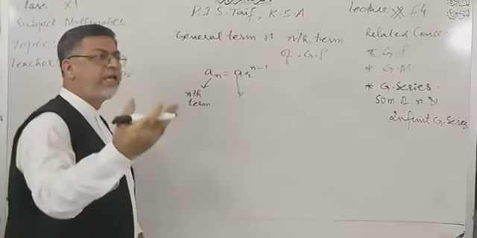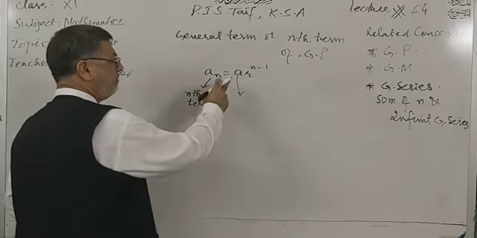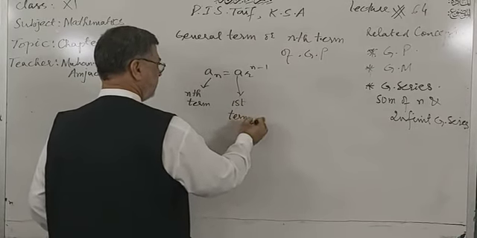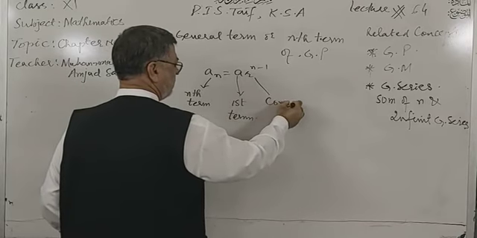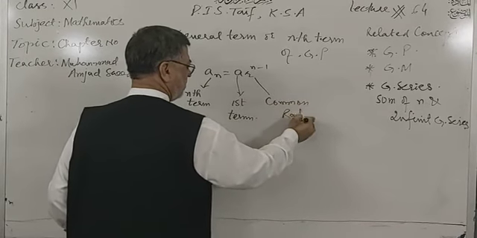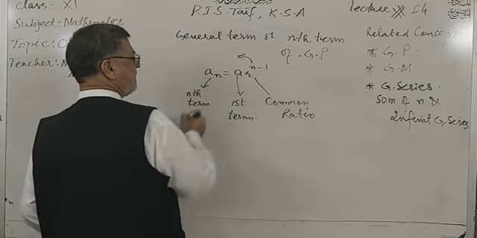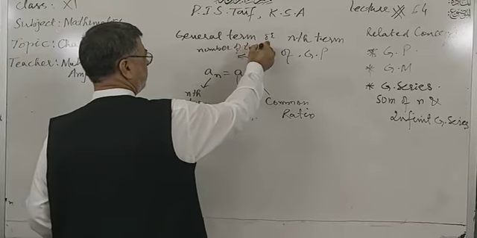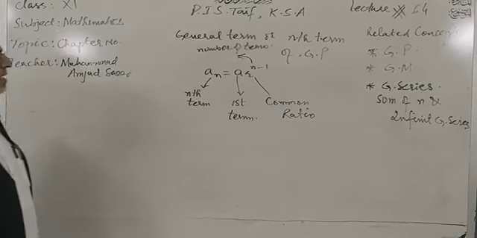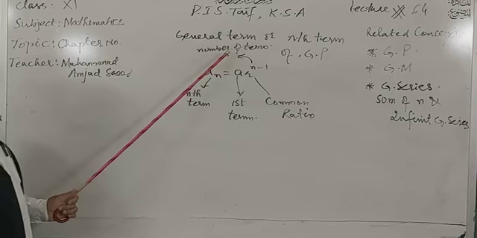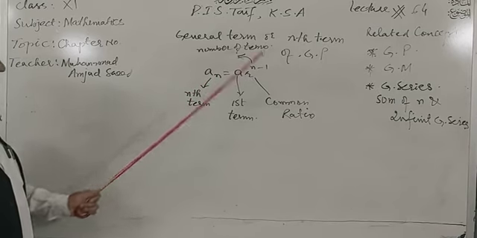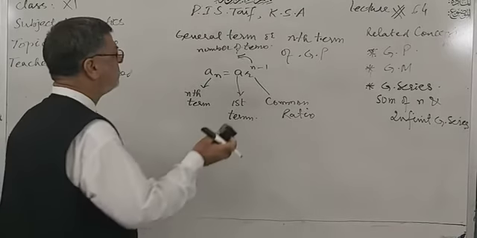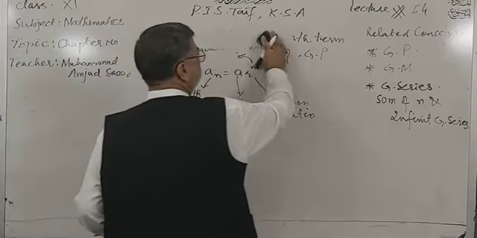A can be written as A1, it makes no difference at all if you write A or A1. This is the first term, R is the common ratio and n is the number of terms. So in this way, this is our general term or nth term of GP. This is our formula. It will be frequently used in your exercise 6.6.